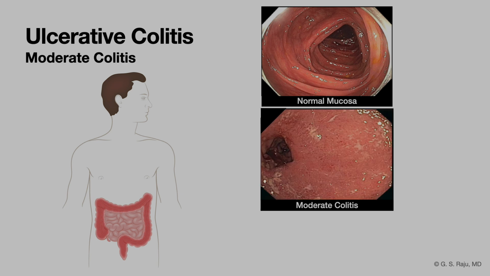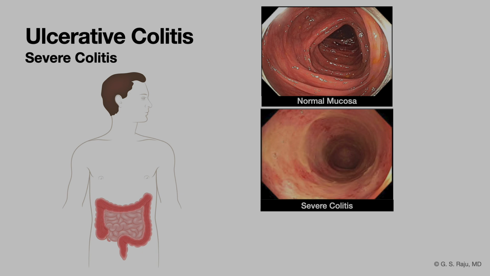When it becomes moderate colitis, you will see breaks, erosions. And as it goes further, you will see ulcerations and bleeding in severe colitis. So we learned about endoscopic features of mild, moderate, severe ulcerative colitis.